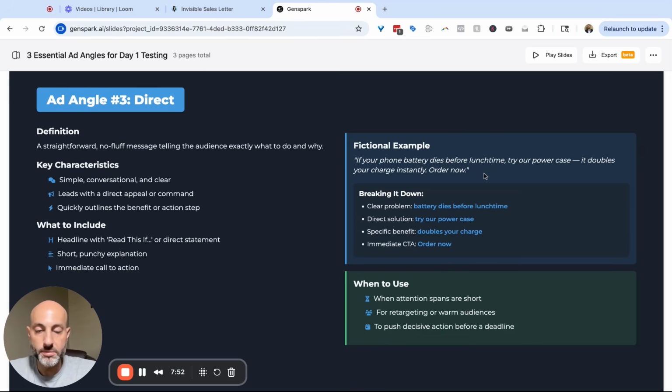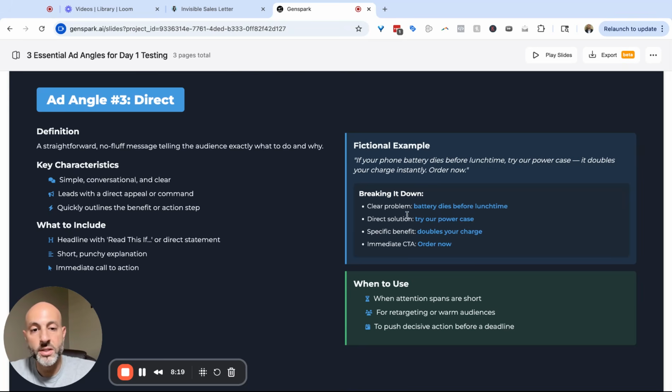Again, I'm winging it here because I'm not going to get this perfect for you. I want you to think how I think, right? And so what am I going to say to people that is going to get them to want to click, but also gets across very directly what I'm talking about? If your phone battery dies before lunchtime, you need to try this power case, if you want to talk about the product.